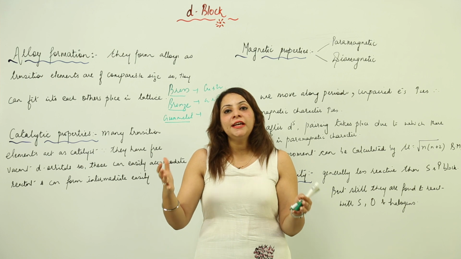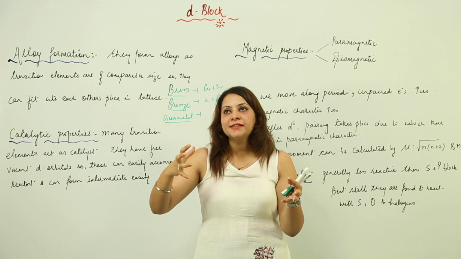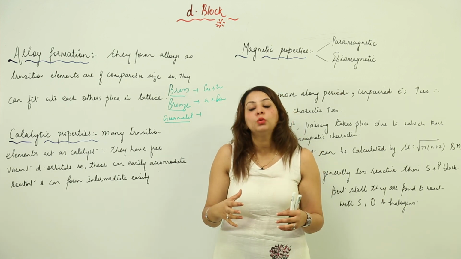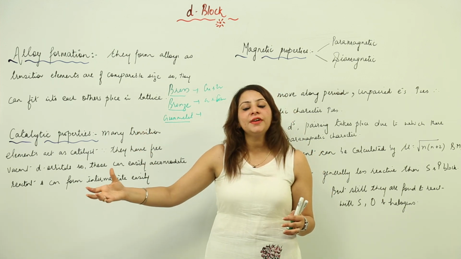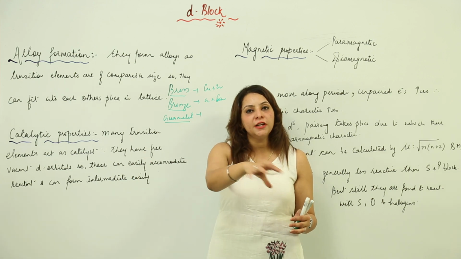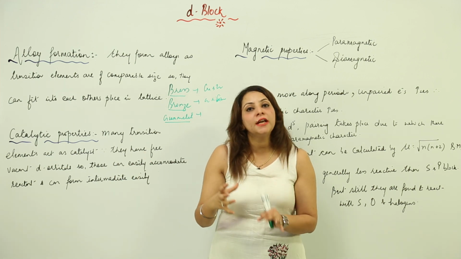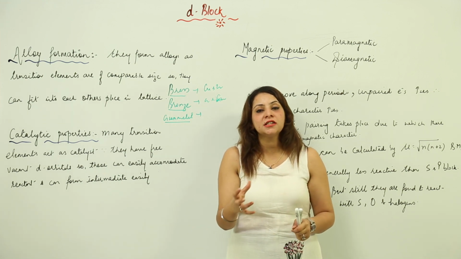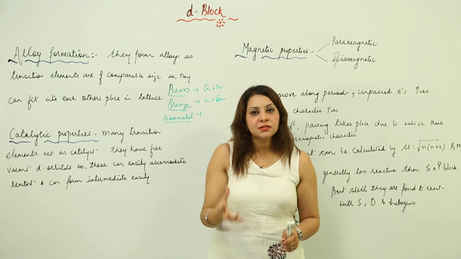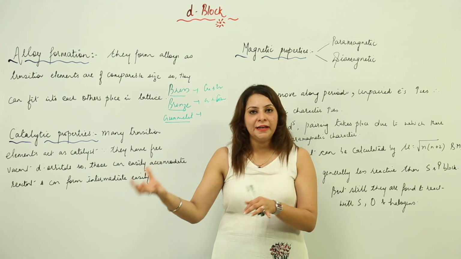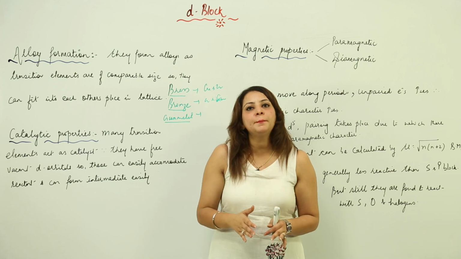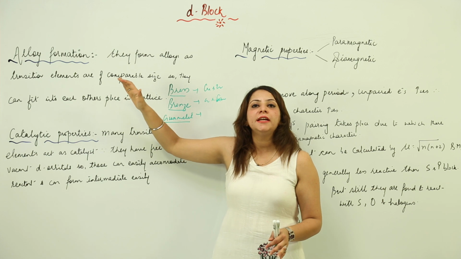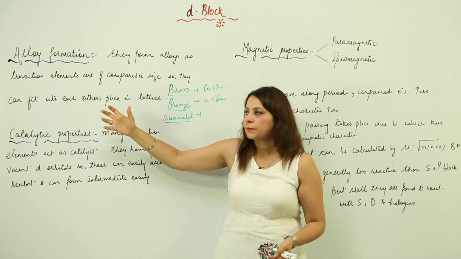When they melt and then cool down, any transition element can take the place of another. So they can easily substitute their places, and this is what we need in alloy formation. That means the crystal lattice, the definite arrangement, should get disturbed and be substituted by another element. That is the reason they are generally found in the composition of many alloys.